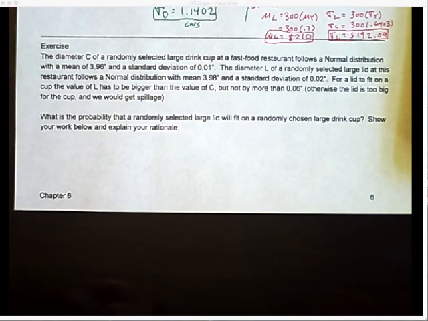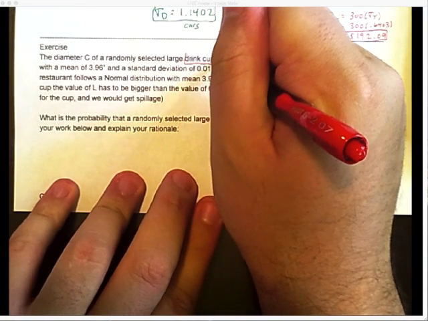So it says the diameter, C, of a randomly selected large drink cup at a fast food restaurant follows a normal distribution. Okay, so let's just highlight some important pieces of information here.